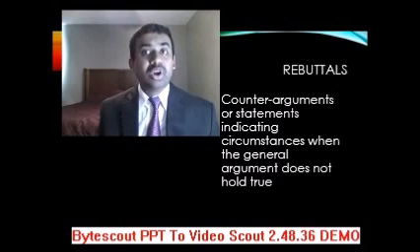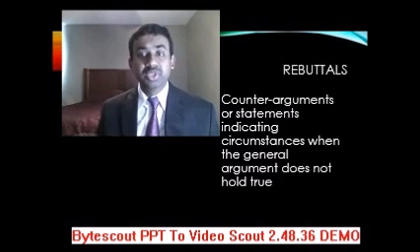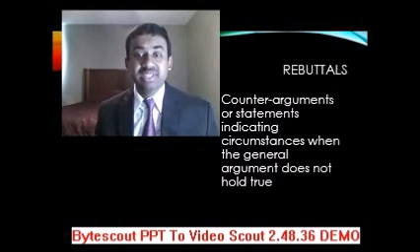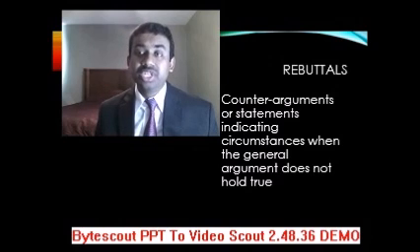So you have to acknowledge the opposing point of view, and you should be able to counter argue, and prove that your side is more valid. So that's a reason for having rebuttals in your paper. So it's counter arguments or statements indicating circumstances when the general argument does not hold true.